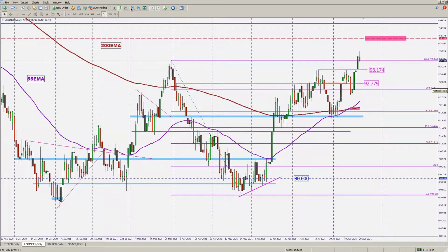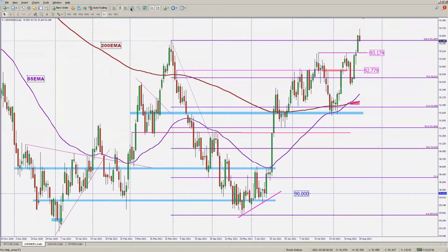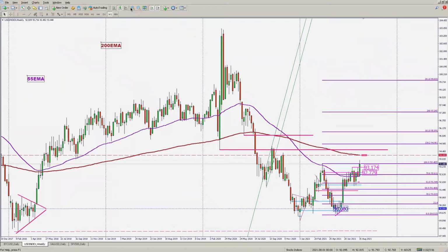That should align with the weekly 200, which will slowly drift down lower as well.